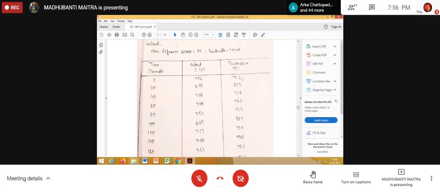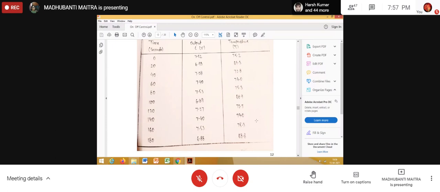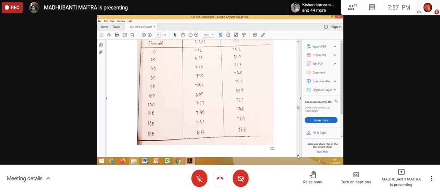Due to some error it could be 73 or 71, something like that. But here you see the temperature is increasing up to 75 degree, and the minimum temperature, which ideally should be 68 degree, here we find to be around 6.89 degree. So I guess there was a problem with relay switching.